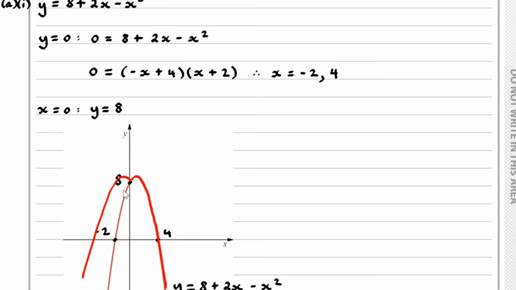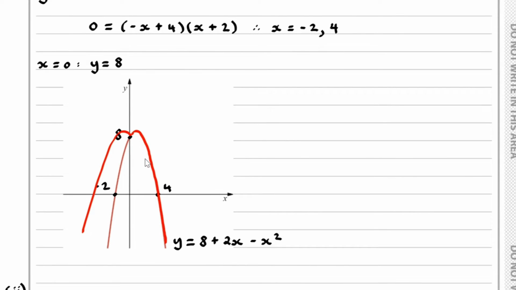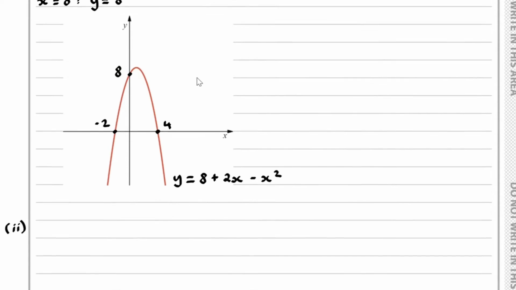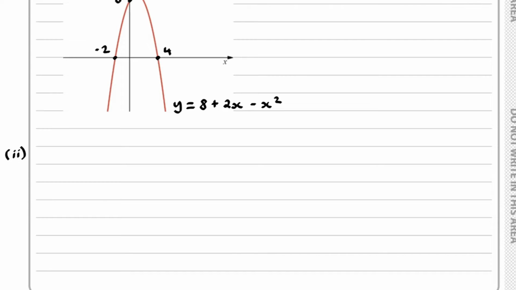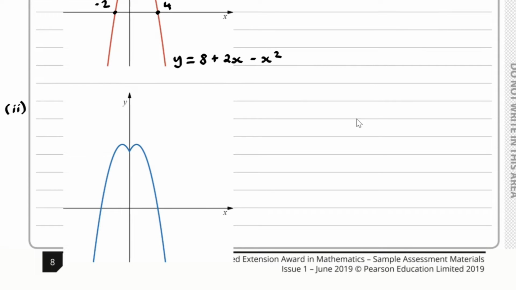So you can see here the y coordinates are always the same for the positive and negative x values, which is why this part of the graph is reflected in the y-axis. So when I come to sketch that graph, I have something looking like this.